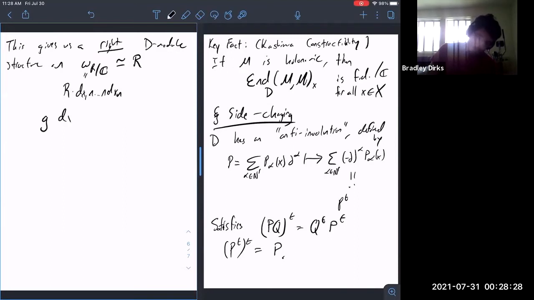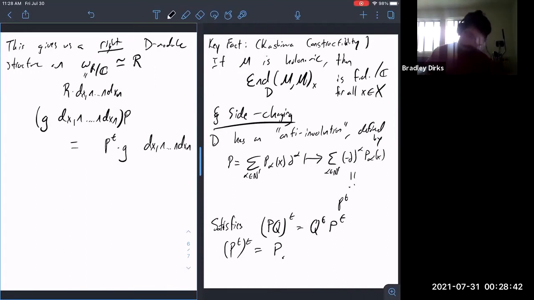And it acts by, if we have some element in here and we do P times it on the right, then we take the transpose of P times this coefficient g, and then we keep along this form. I want to phrase it in terms of top degree differential forms, because next week looking at it this way will help us choose a distinguished element, sort of like the relative canonical divisor, even though we might have trivializing coordinates like we do here.